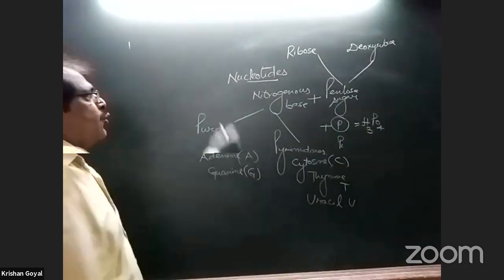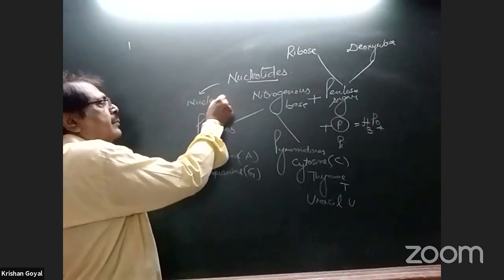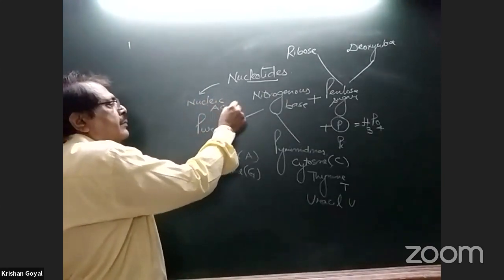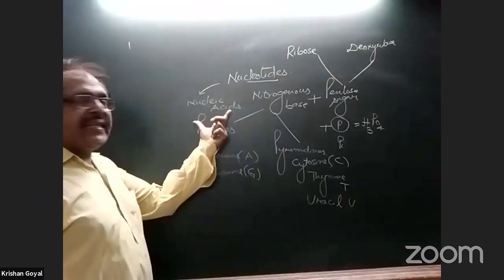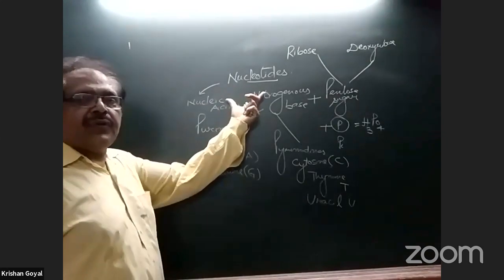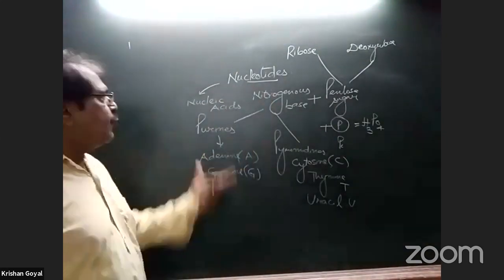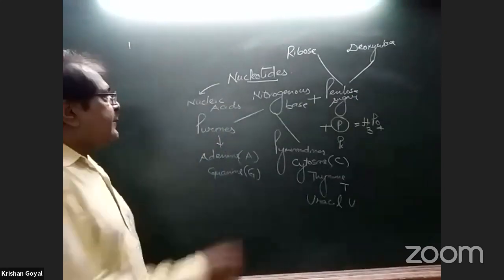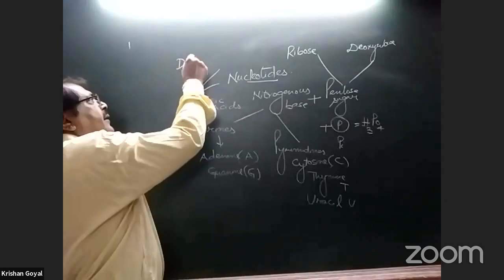Remember, nucleotides form nucleic acids. Nucleic acids are nothing but polynucleotides. A large number of nucleotides get bonded with each other to form a nucleic acid. Then nucleic acids are of two types. One is DNA and second is RNA.